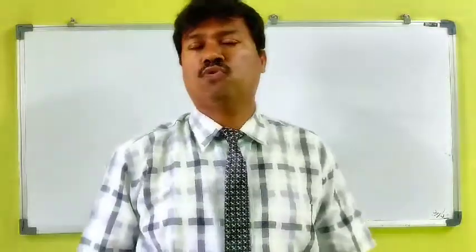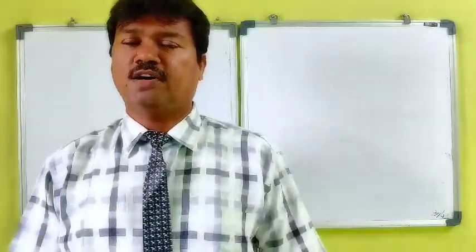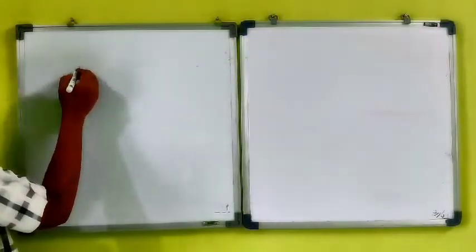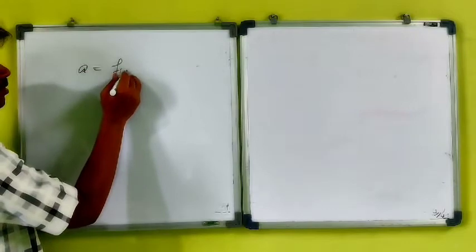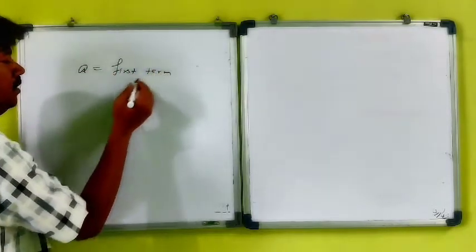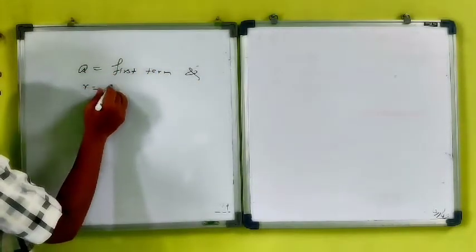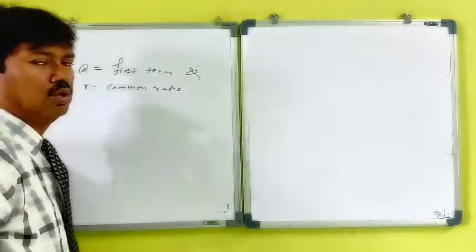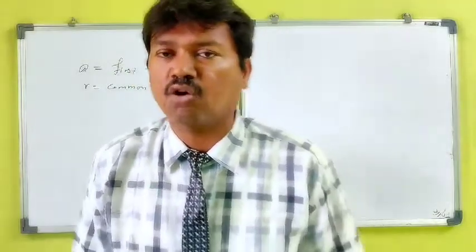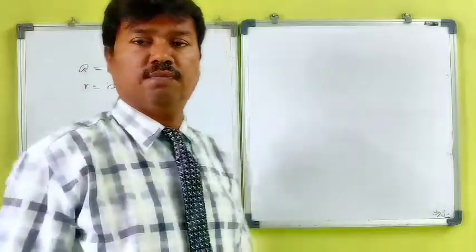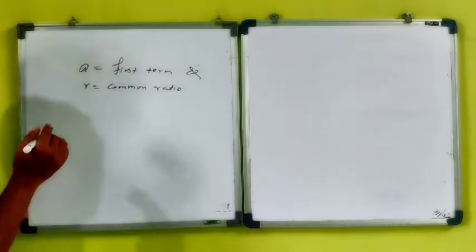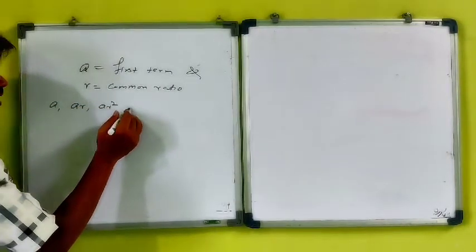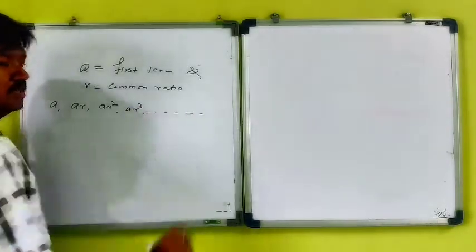So next part, suppose a geometric progression is given with the first term as A and R as the common ratio. If A is the first term and R is the common ratio of any geometric progression, then the sequence becomes A, AR, AR square, AR cube, like this.